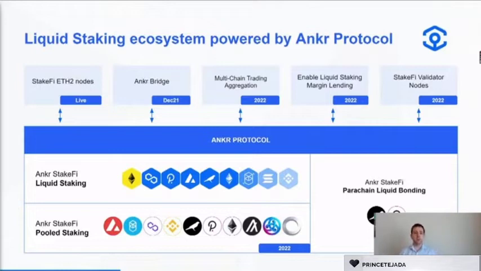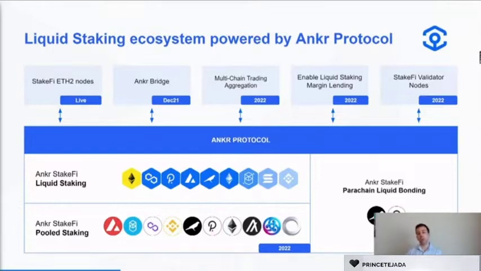The liquid staking ecosystem is going to be powered by the Ankr protocol that is being released, and that has a few important functionalities. First, it powers our StakeFi ETH2 nodes that I'm going to show you after. It enables the Ankr Bridge to allow users to have a multi-chain liquid staking experience. Why? Because the ratios need to be updated daily to make sure that through rebasing you receive those staking rewards.